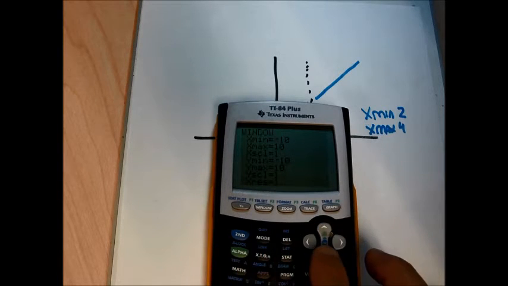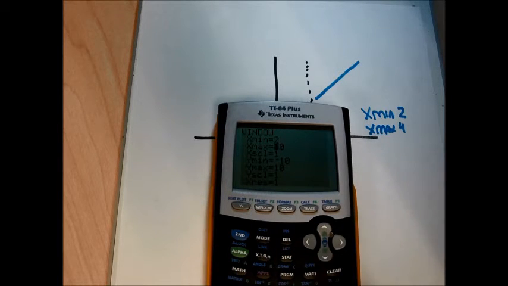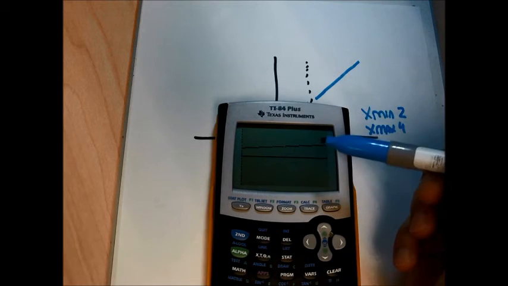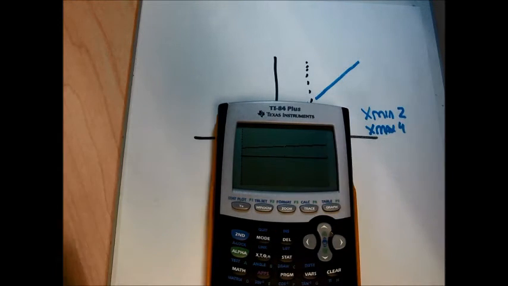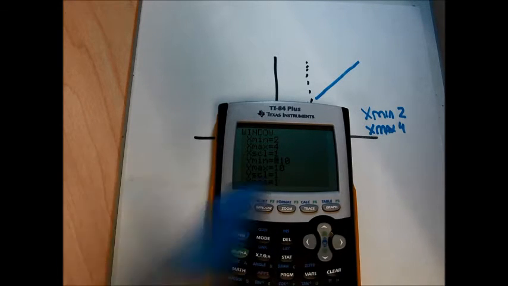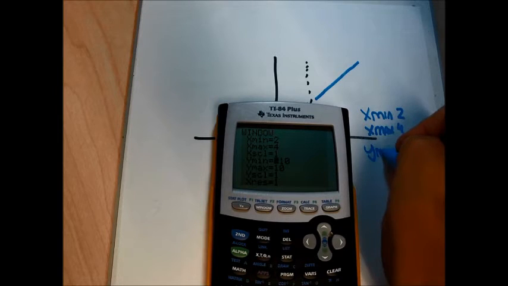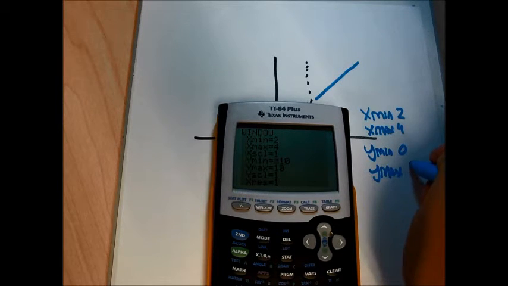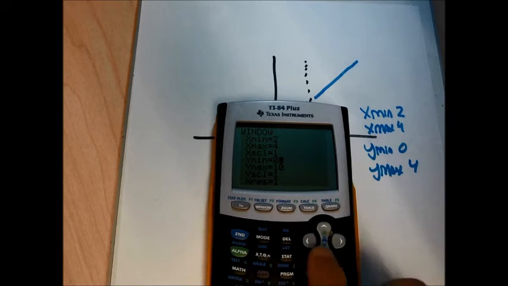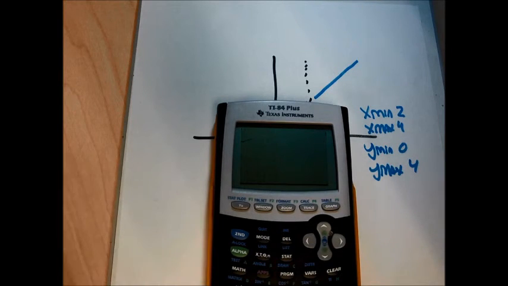Let me see if that change would be good enough. So I'm going to change my window, x-min to 2, x-max to 4, redraw the graph, and you can barely see it. Oh, heck, it looks horrible. Let me make my y smaller. Make my y's from, I don't know, y min 0, y max maybe like 4, and maybe the graph won't look so horrible.